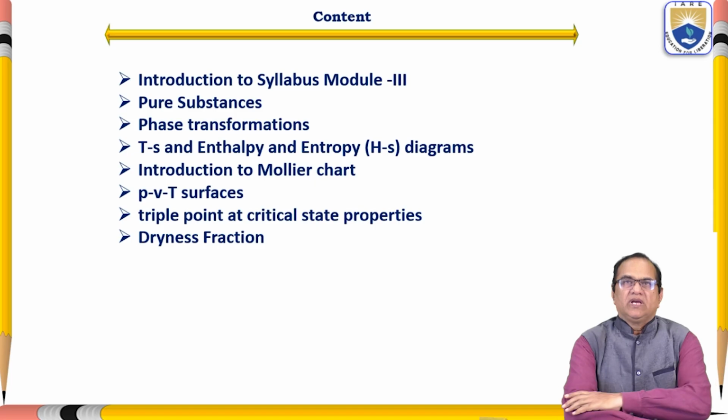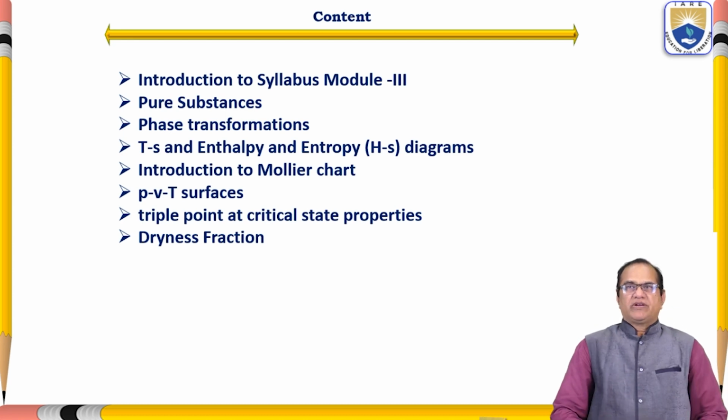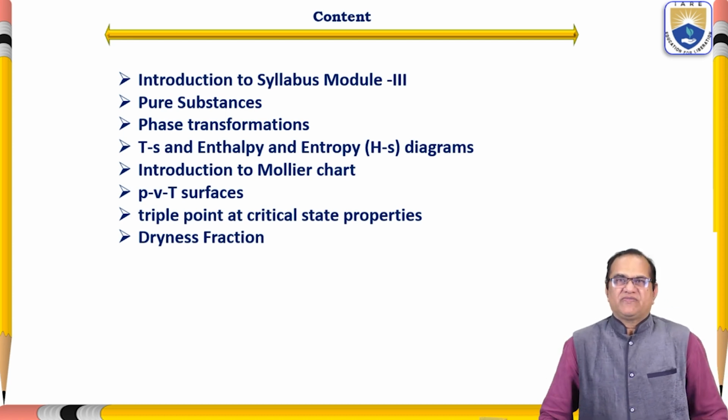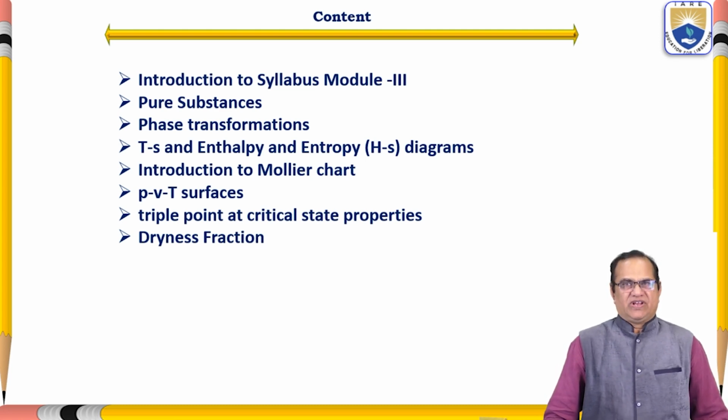In this, we have these contents: introduction to the syllabus for Module 3, pure substances, phase transformation, temperature and entropy, enthalpy and entropy, HS diagram, TS and HS diagram, introduction to molecular chart, PVT surfaces, triple point at critical state, properties, and dryness fraction.